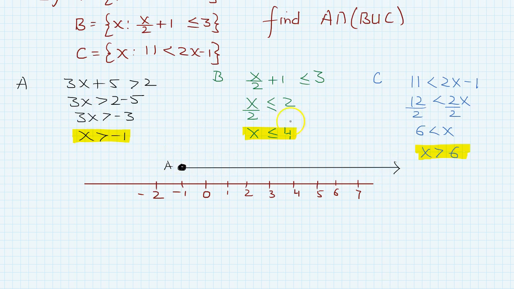Now inequality B is x is less than or equal to 4. So this is 4, and this inequality is going in this direction. This one is equal to, so it is shaded. For A, it is not supposed to be shaded like this, because it's just greater than.